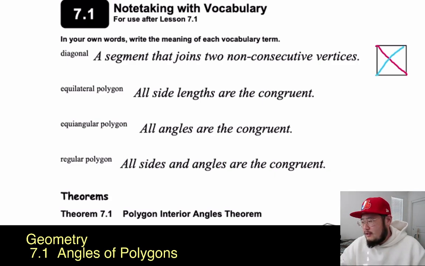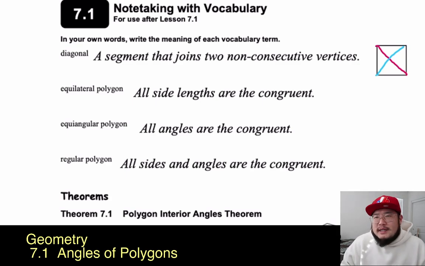All right. Next up, we have an equilateral polygon. You should know what equilateral means: all sides are the same. So in an equilateral polygon, all side lengths are congruent. Next up, we have an equiangular polygon, and that's when all angles are congruent.